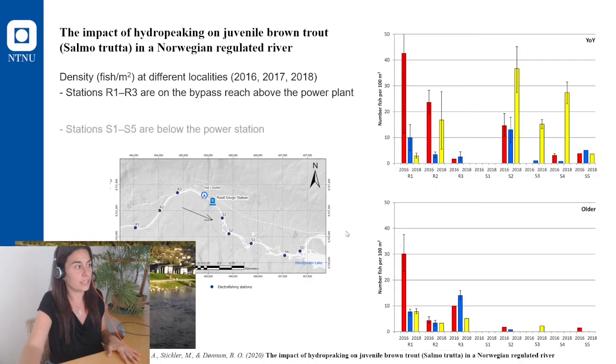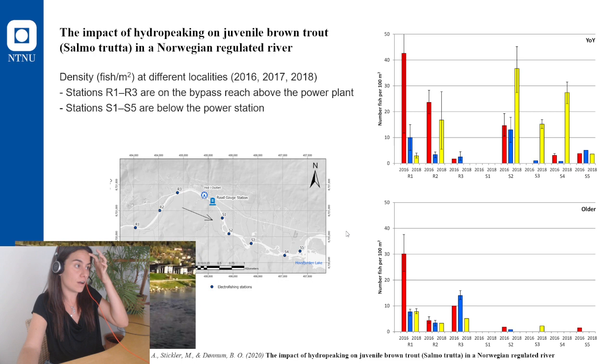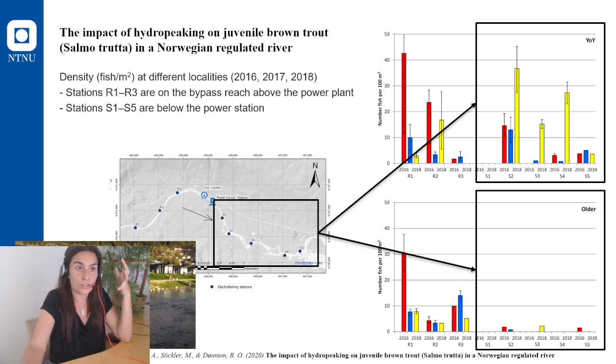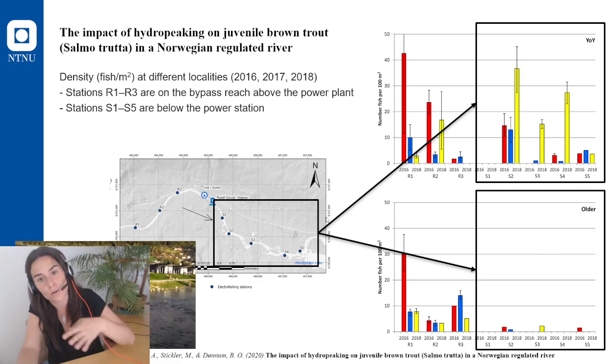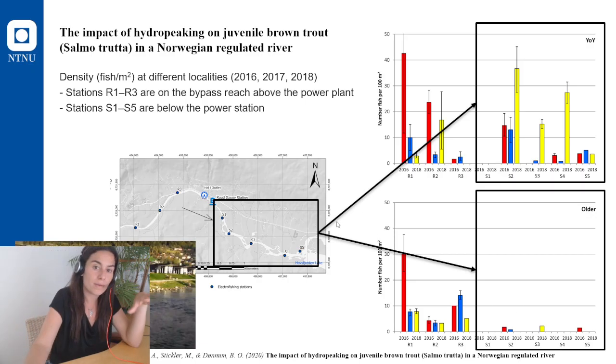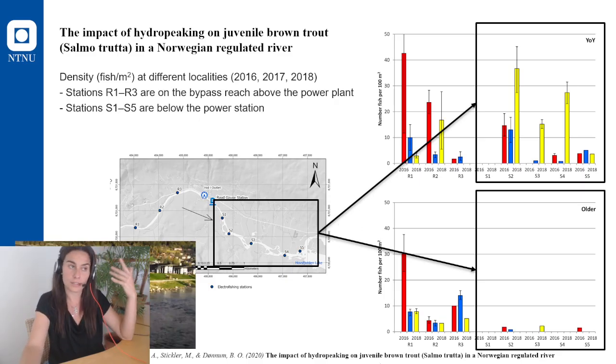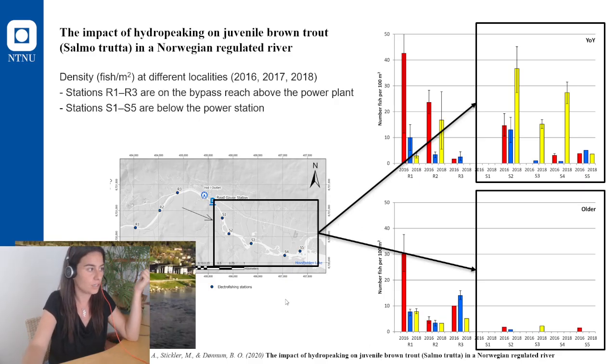But on the contrary, if we observe stations H1, H5, we observe young of the year, so-called baby fish or small fish that is smaller than a year, but the older are gone. So that means that we do find a difference in the presence of older fish when it's located downstream of the power plant, meaning that the actual power plant and its fluctuations are affecting the survival of the fish.